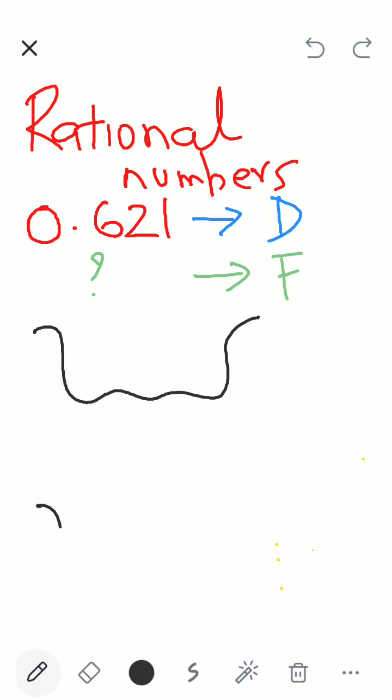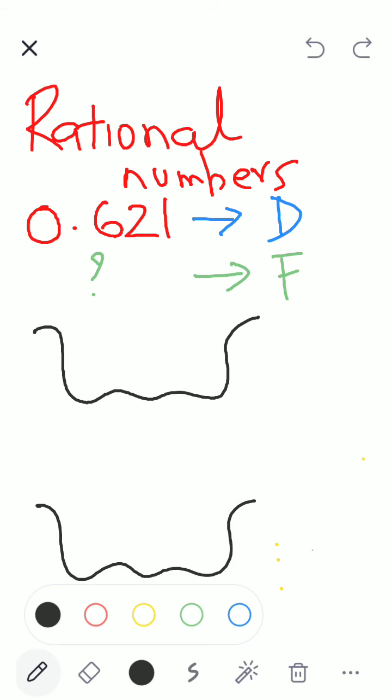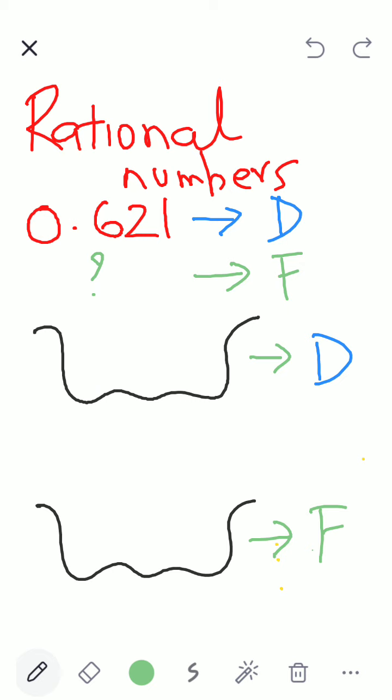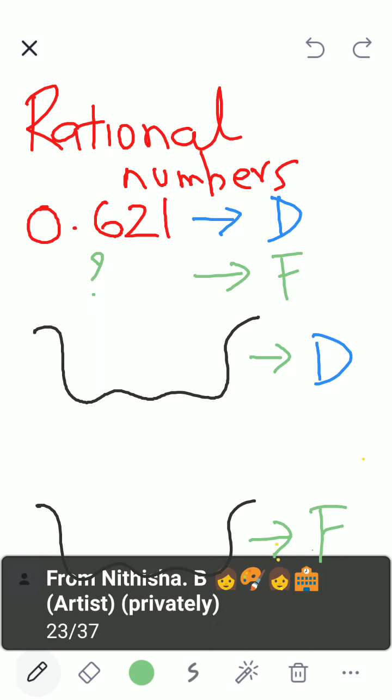This is the decimal bag and this is the fraction bag, which means what? In the decimal bag, only decimal form will go, and in the fraction bag, only fraction form will go.